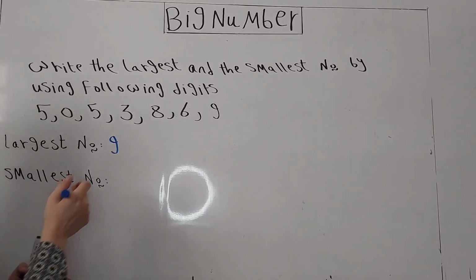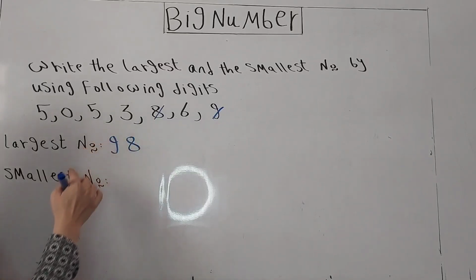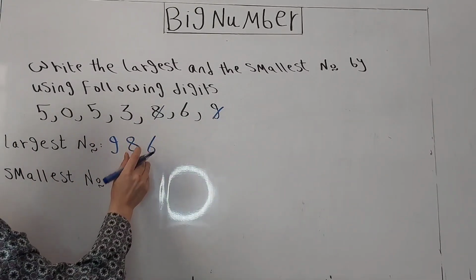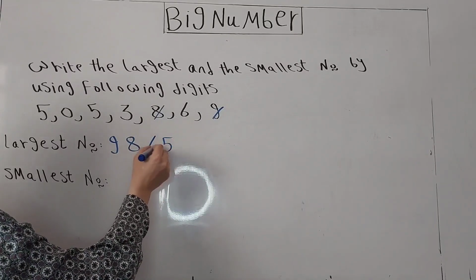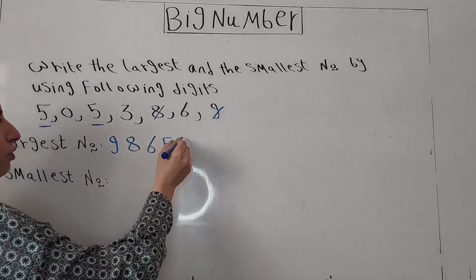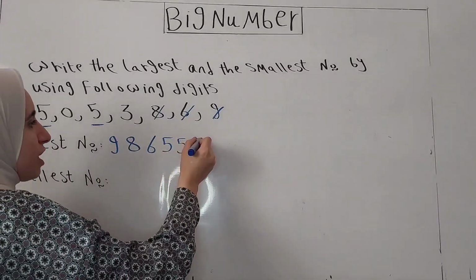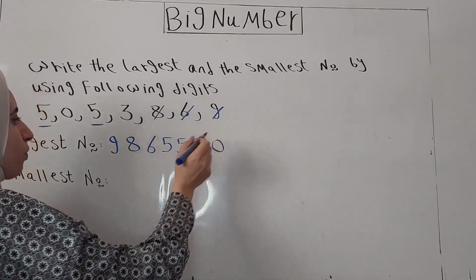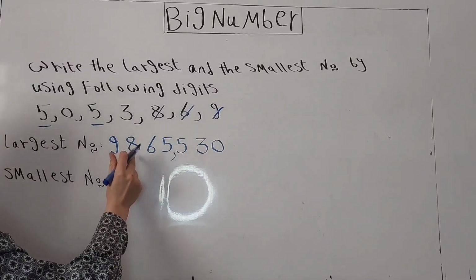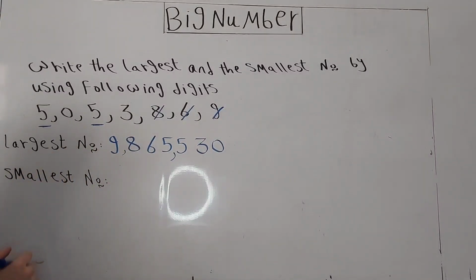Then the next largest digit is 8, then 6, then 5. But we have two 5s, so we write two 5s. Then 3, then 0. Finally, we use commas to separate each 3-digit period from the right going to the left.